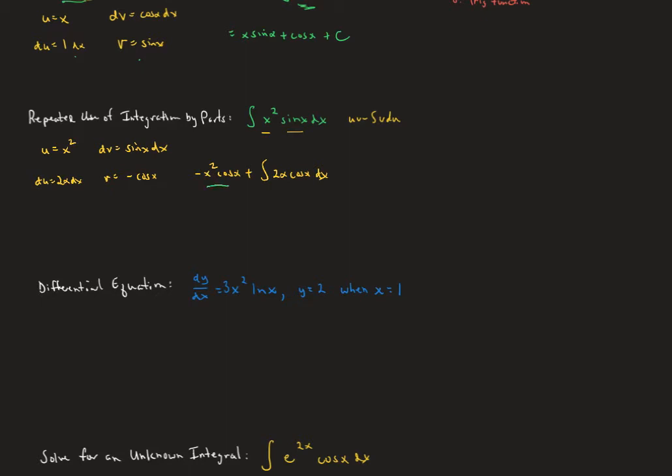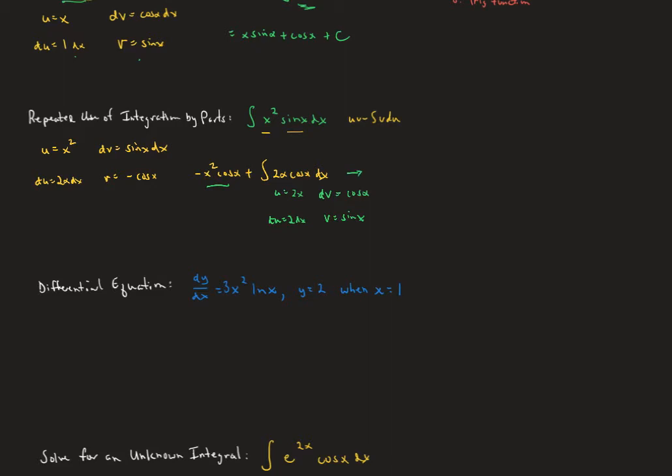We leave the first part as it is, but now we're going to pick a new u and dv for this integrand. So again, using u as the polynomial, dv is going to be the cosine, so du is going to be 2 dx, and v, the integral of cosine, is sine of x.